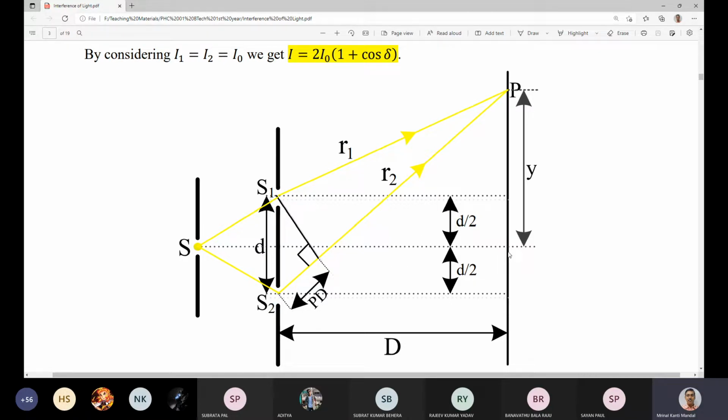So what will be the path difference in terms of y, small d and capital D? Capital D is the separation between the sources and the screen, small d is the separation between the two sources, and y is the position of a particular fringe, the separation from your central position. So what is the path difference in terms of small d, capital D and y?